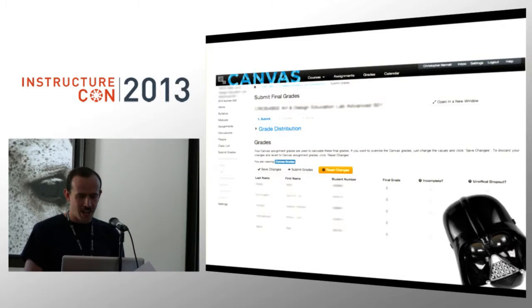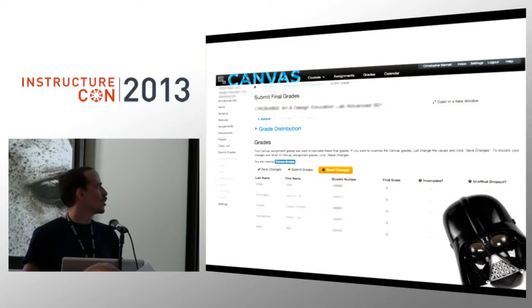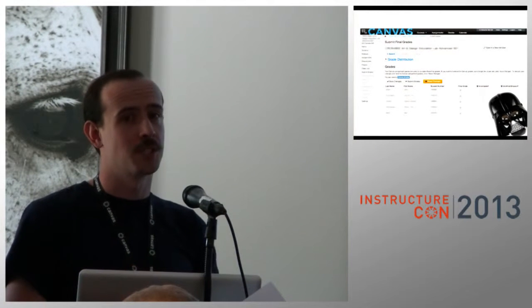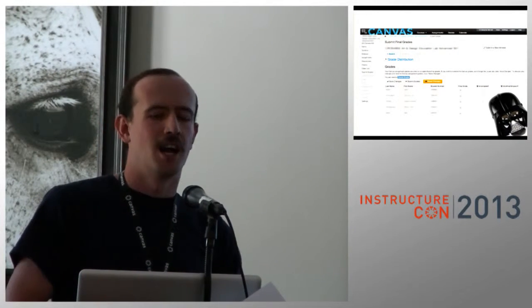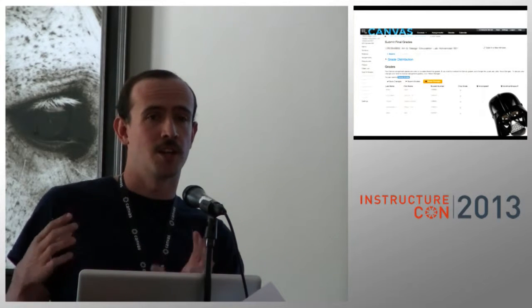There was a little bit of the dark side involved in this tool. There was a sort of shortcoming with the API: the final grade that you pull out of the API doesn't include muted assignments. So if you have a muted assignment in your course, that won't be calculated in the final grade.